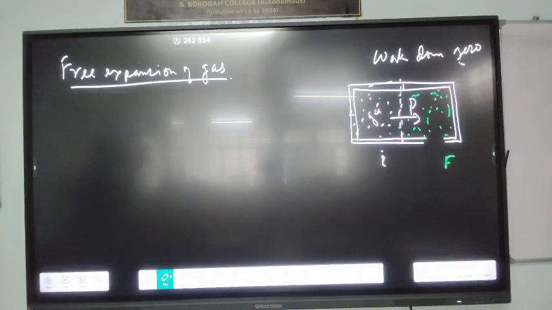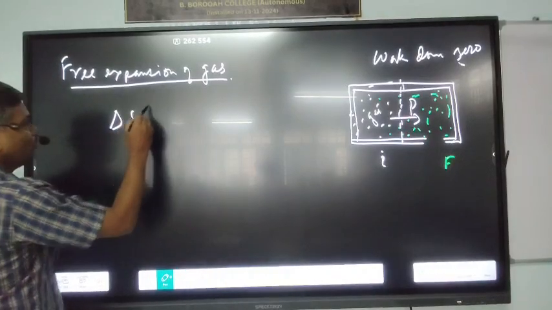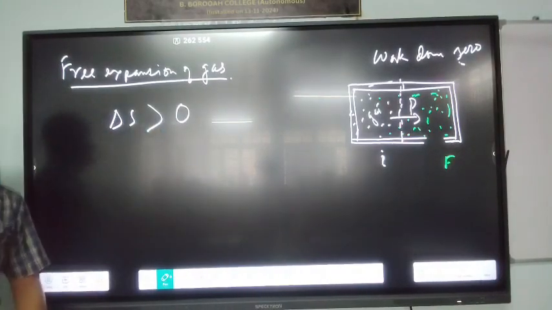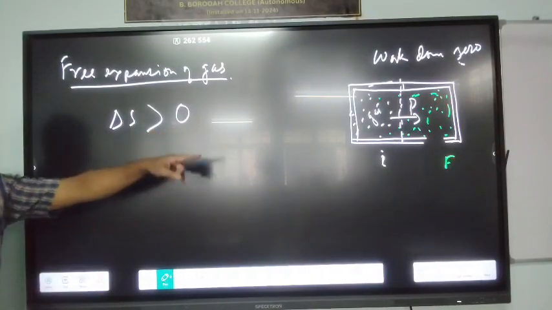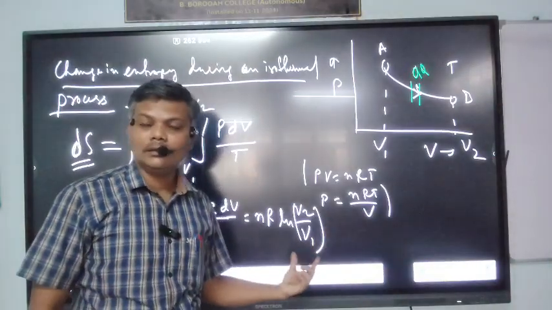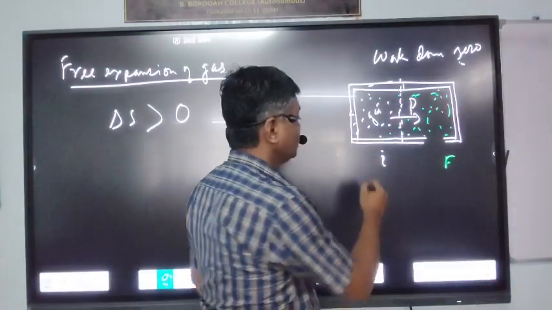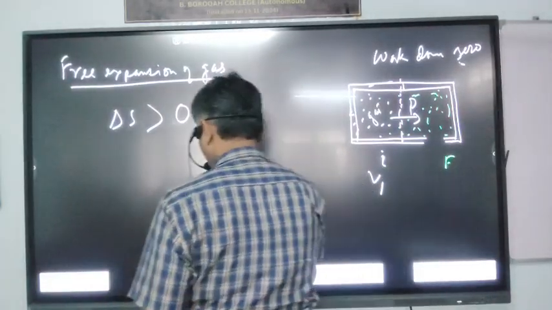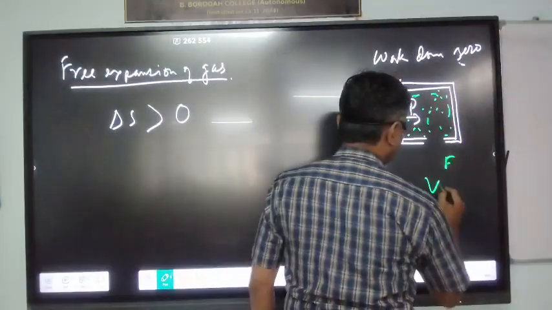Okay, and if we find the change in entropy here, the change in entropy in this case will always be greater than 0. And which formula will we use to find the change in entropy? We will use this formula because here your volume is changing from V1 to V2.